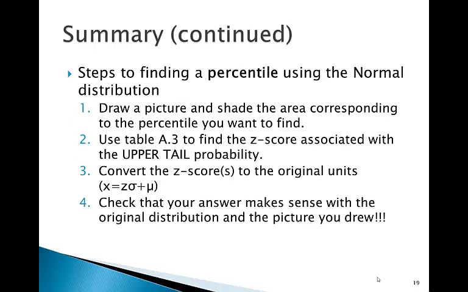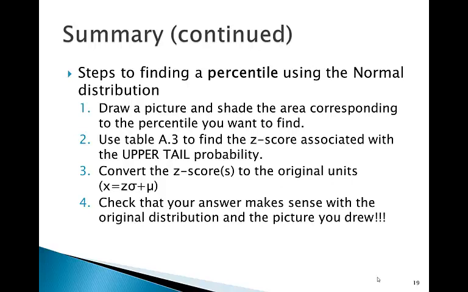If you want to find a percentile using the normal distribution, you first draw a picture and shade the area corresponding to the percentile you want to find. Then use table A.3 to find the z-score associated with the upper tail probability. So this is when you find the probability in the inside of the table and then find the corresponding z-score.